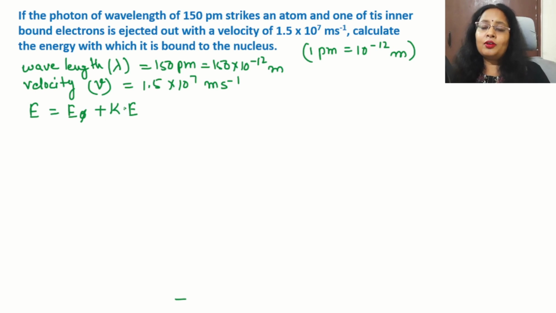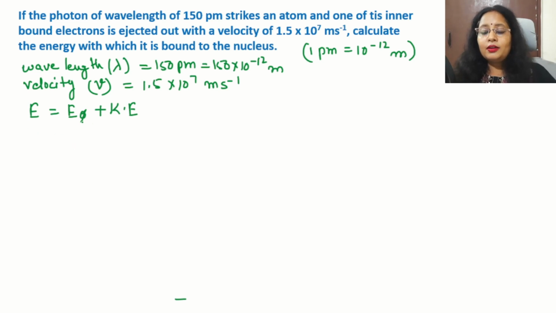When an electron is bound inside near the nucleus and we put in energy, a part of the photon's total energy is required to break the bond with the nucleus. The next part of the energy is by which the electron moves out of the atom. These two parts together make the total energy of the photon, denoted by E.